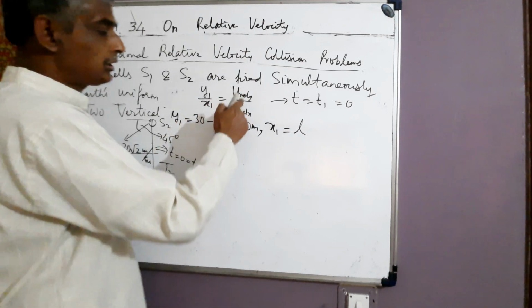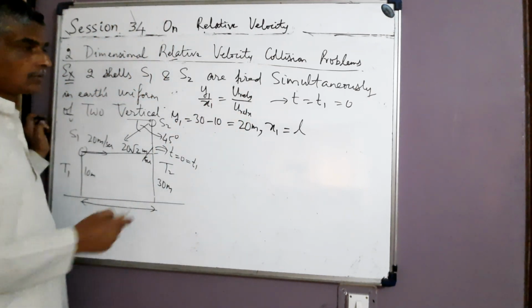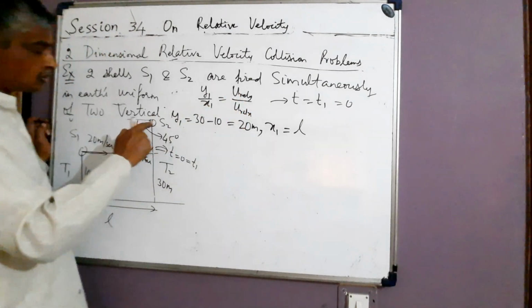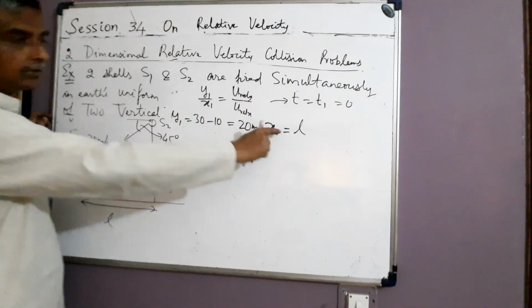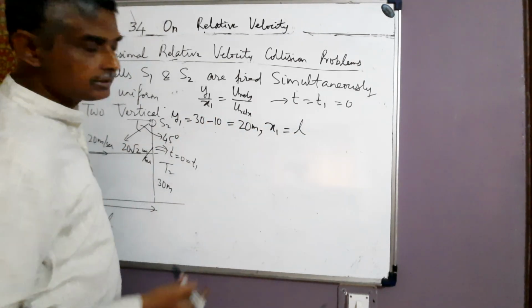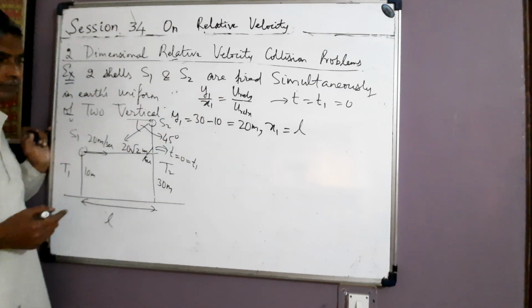Now we have to find u relative y and u relative x. What is u relative y? Vertical component of relative velocity of S2 with respect to S1 at t equal to t1. And this is the x component of relative velocity at t equal to t1. For that we have to first determine u relative.